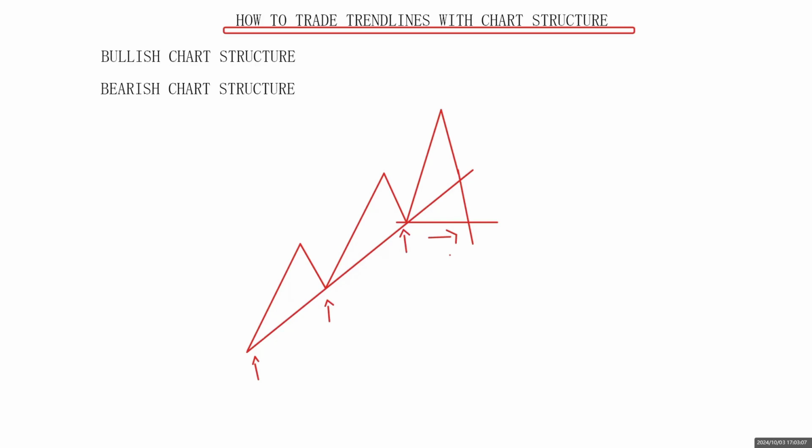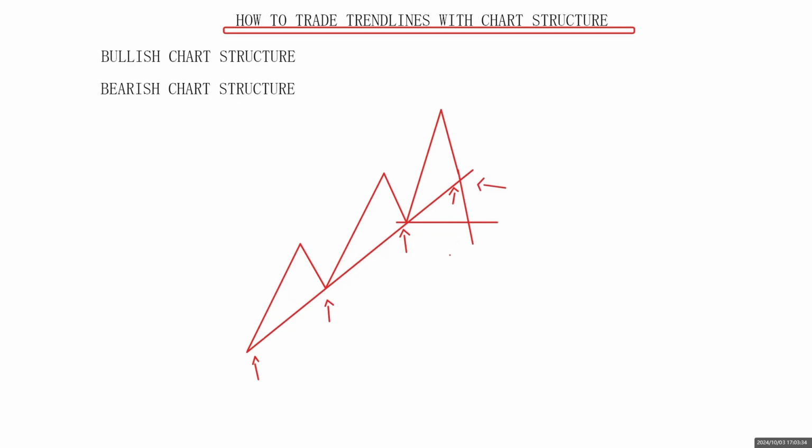We can see that in this case the third touch respected, but the fourth touch right here broke the trend line. So this could indicate a very beautiful sell, because there is weakness in the trend. That means that the bullish trend is probably ending and price is going down. So this indicates a weakness in the trend.